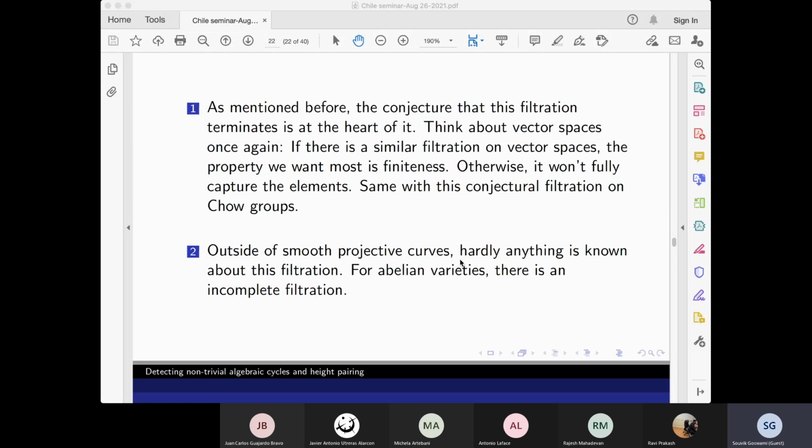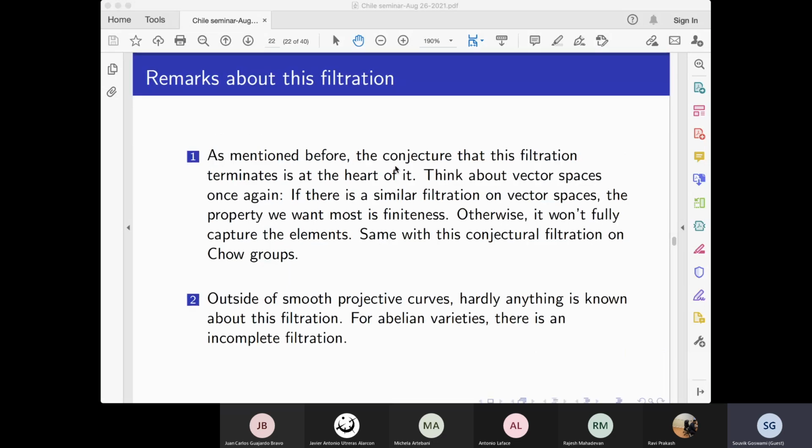Once again, outside smooth projective curves, hardly anything is known about this filtration. For abelian varieties, there is an incomplete filtration. For all such filtrations, the most important part is the finiteness property, and that is still elusive for any example beyond curves.